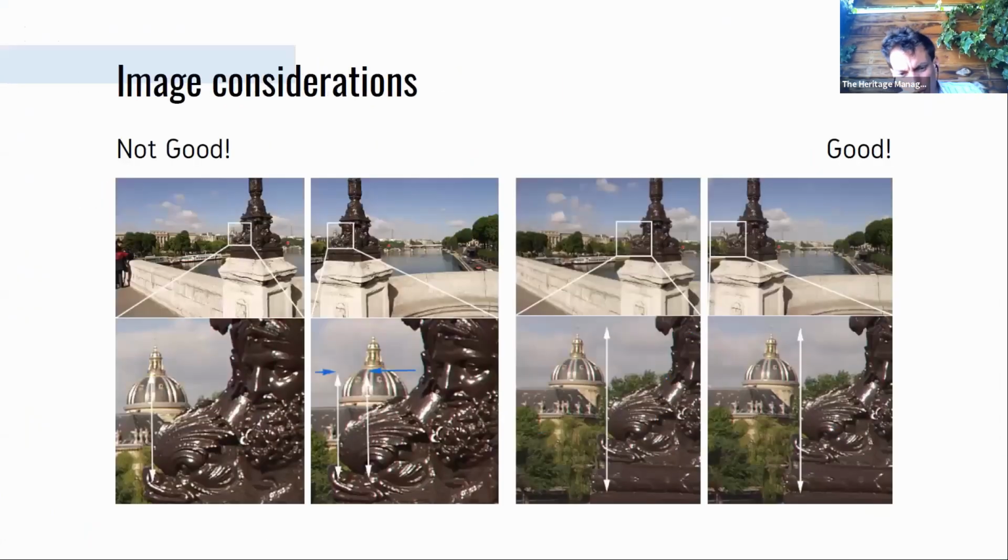The influence of this is illustrated here. So this is obviously the good situation. We have a statue, or this is the base of a lamppost, and the left side of the base and the right side of the church, or the dome of the church. This relation is the same as the relation that you see here on the second picture.